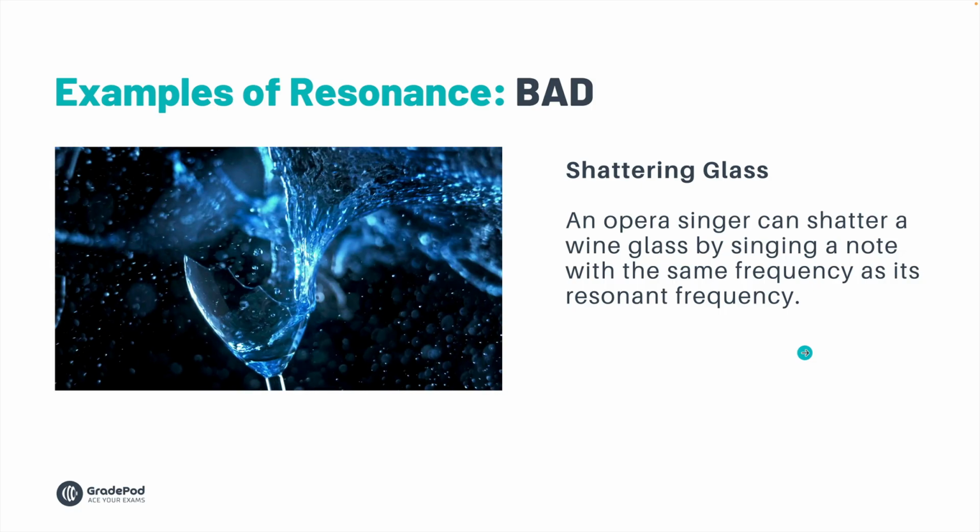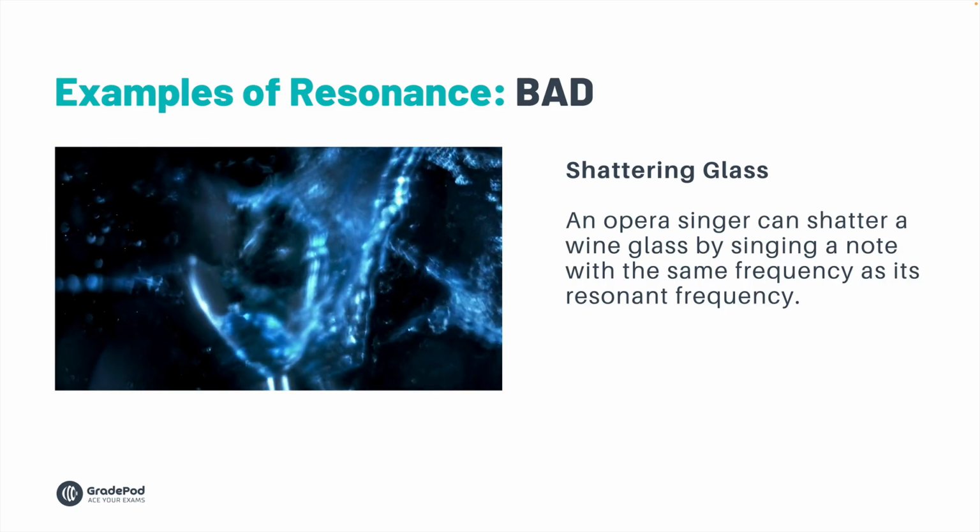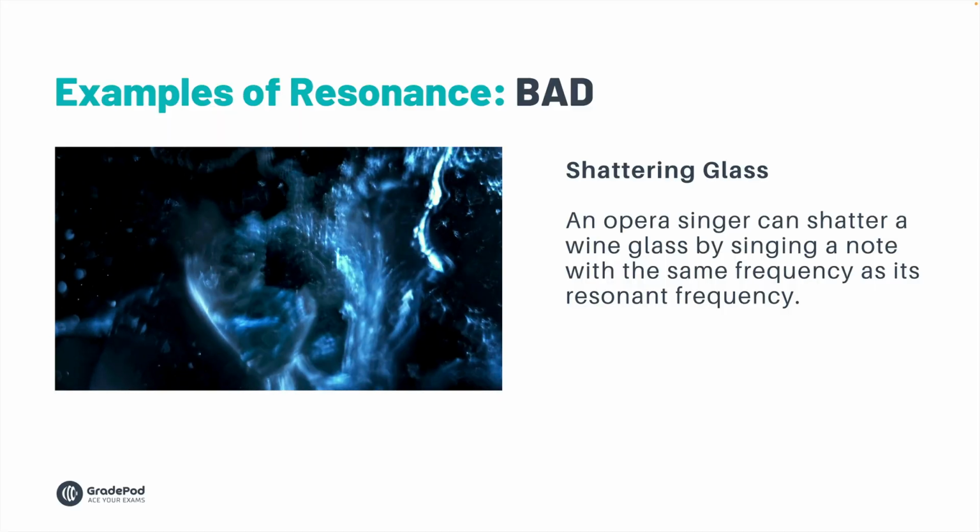Have you ever heard this myth about an opera singer shattering a glass by singing a note? Well, that's actually true. If an opera singer can sing a very pure, exact note at the same frequency as the natural frequency of the glass, then the opera singer is driving the glass at its natural frequency.